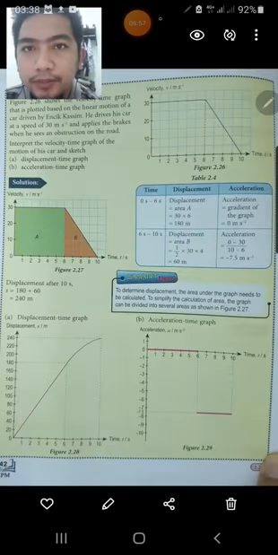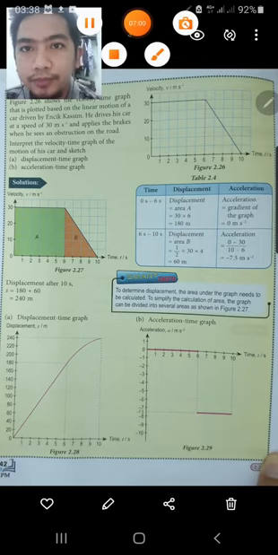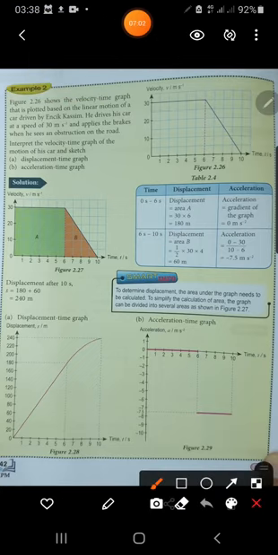Second example. Example 2. Figure 2.26 shows the velocity time graph that is plotted based on the linear motion of a car driven by Encik Kasim. He drives his car at a speed of 30 meter per second and applies the brakes when he sees an obstruction on the road.